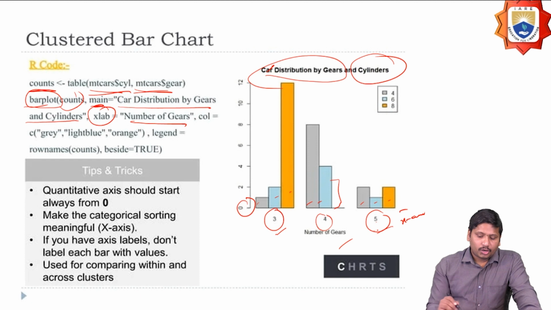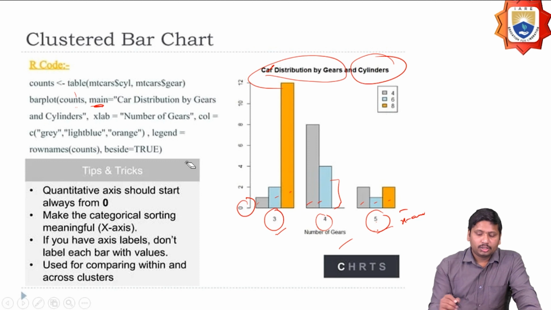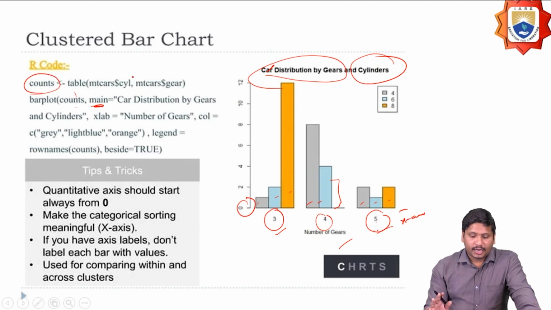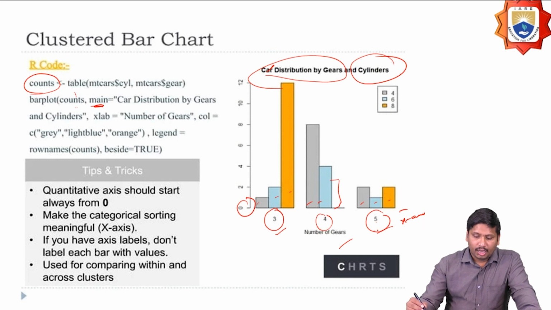So what is the thing here? For implementing this clustered bar chart, the code should be counts. That means I'm extracting the table that I'm going to have, that should be mtcars by cylinders.